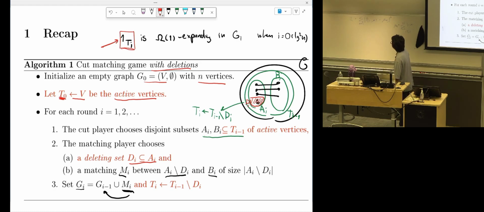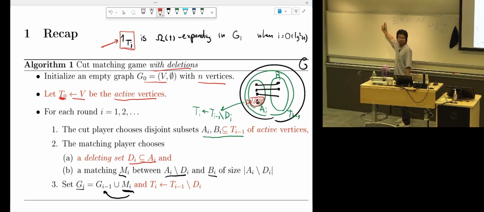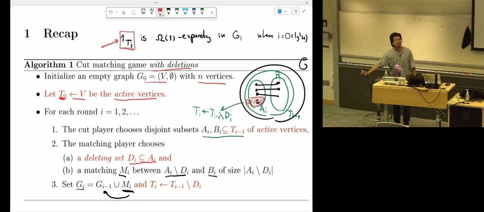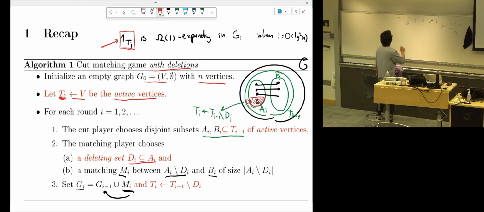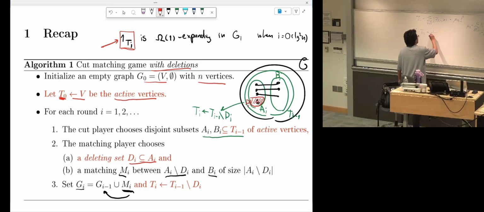And what did we prove about this? If it's less than 1/4n squared, then it doesn't have to be exactly zero. It can be very low, and then we can still be flow expanding. If this thing is tiny, but not too tiny, just polynomially small, 4n squared works for the standard version.